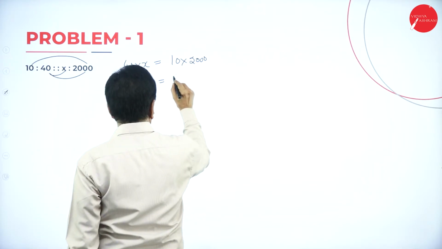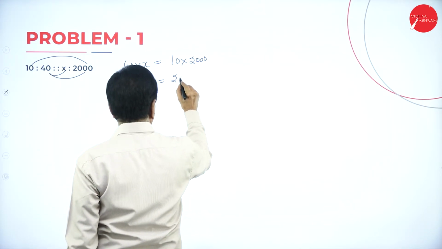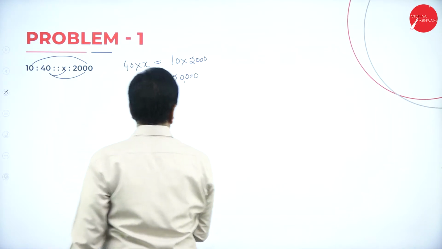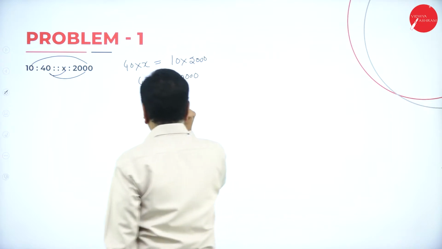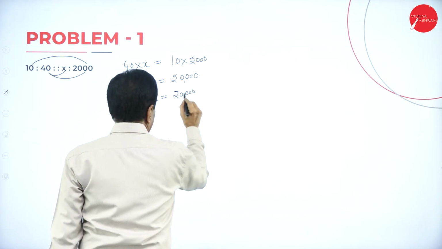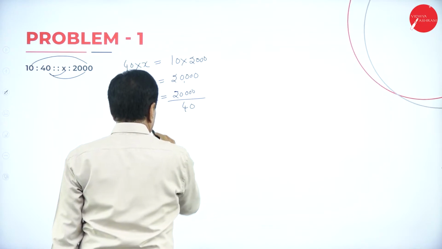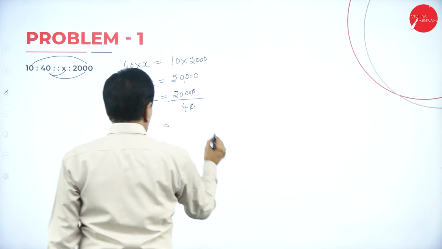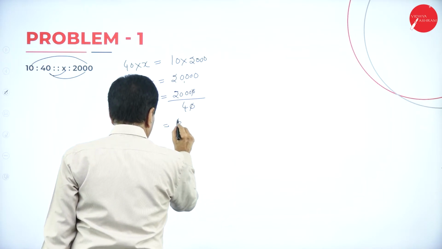So 2 ones are 2, followed by 40. This is 20,000. So x is equal to 20,000 divided by 40. Cancel the 0. 4 5s are 20, so 500.